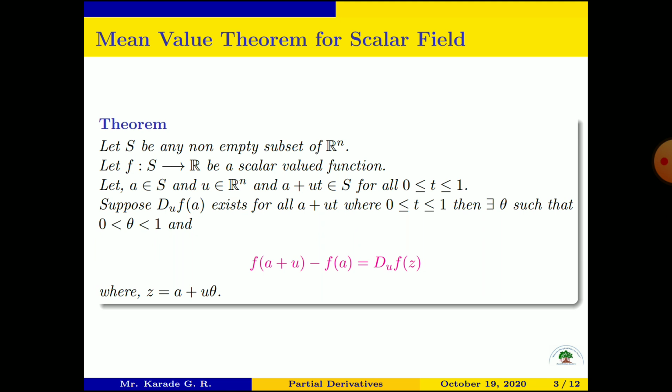Next, point A is taken from the non-empty set S, A belongs to S, and U is a vector in Euclidean space Rn.